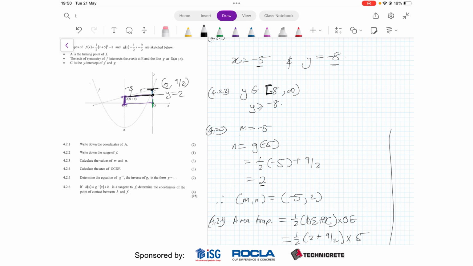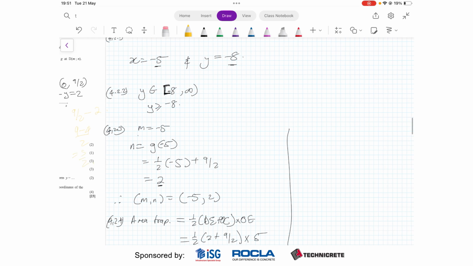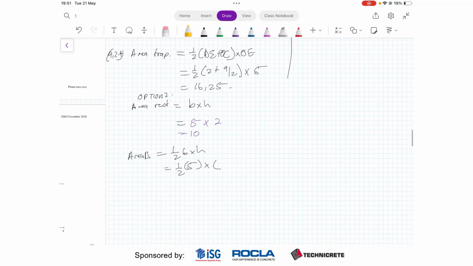So this orange distance right here will be given by 9/2 minus 2. 9/2 minus 2 is (9 minus 4)/2, which is equal to 5/2. Therefore, our height will be 5/2.